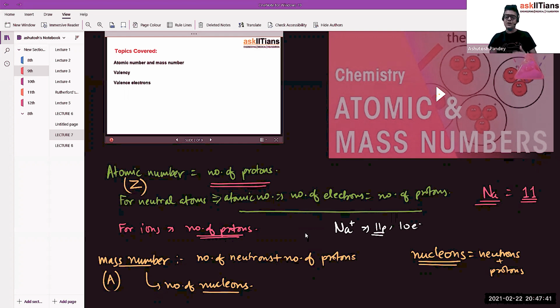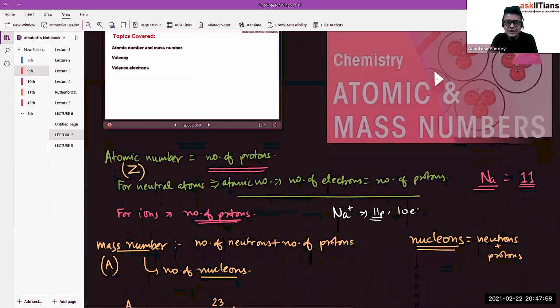No, it is always equal to number of protons. So whether it is an atom or an ion, the atomic number of the species is equal to number of protons. Clear?